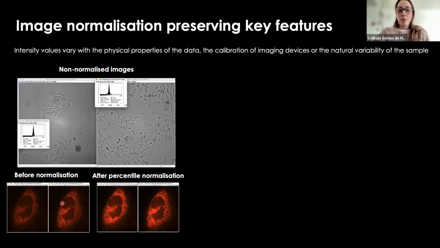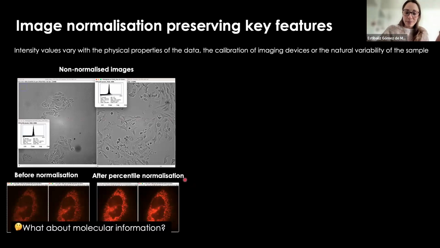Then we have the most common scenario of uneven fluorescence intensities due to photobleaching, but also due to the natural variability when you dye your samples. You can have some cells that express a lot of some sort of fluorophore and others that express less. So of course we can go with percentile normalization. This is great, and actually this may be good, but then the question is, you are removing some biological condition of these cells.